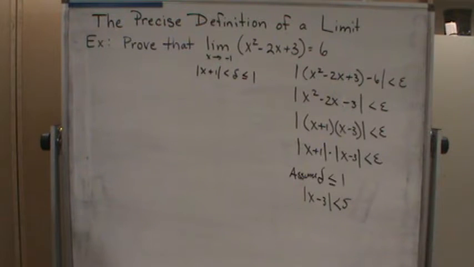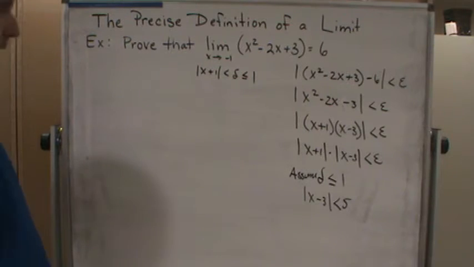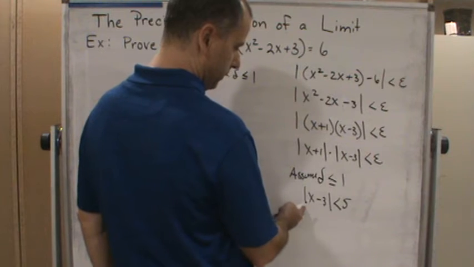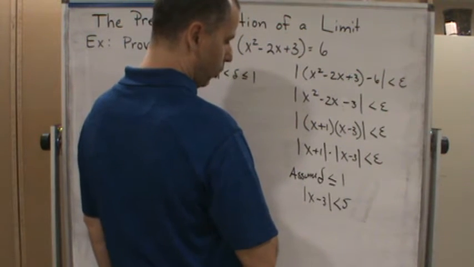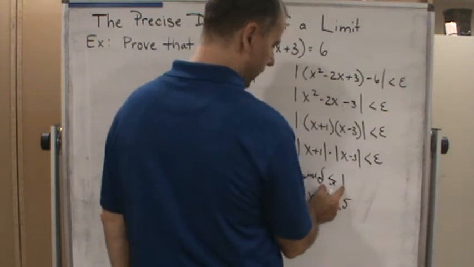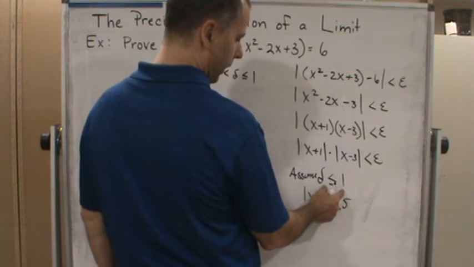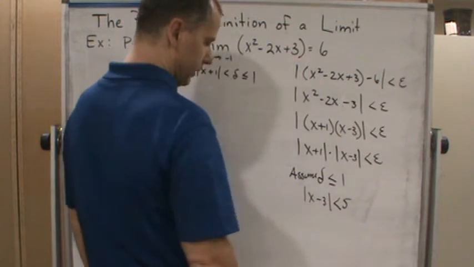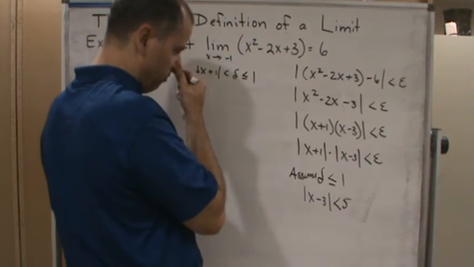Now, why did I choose 5? Again, it was arbitrary, okay? Because I want to replace this with a number. In order to do that, I had to assume a value for an upper bound for delta, okay?